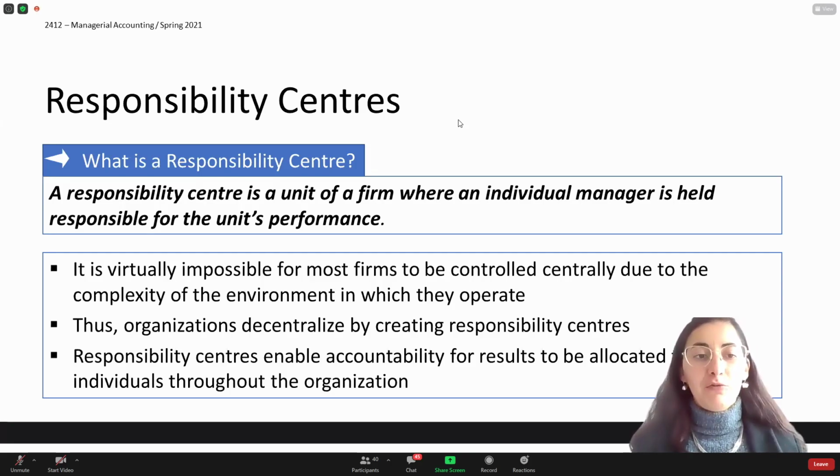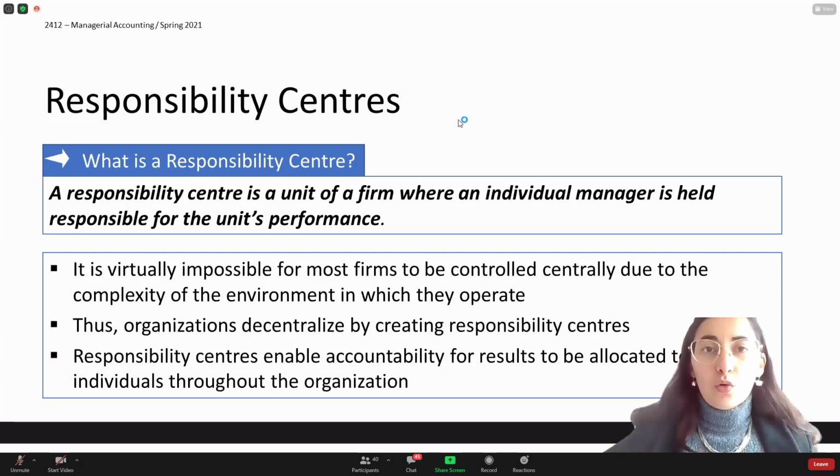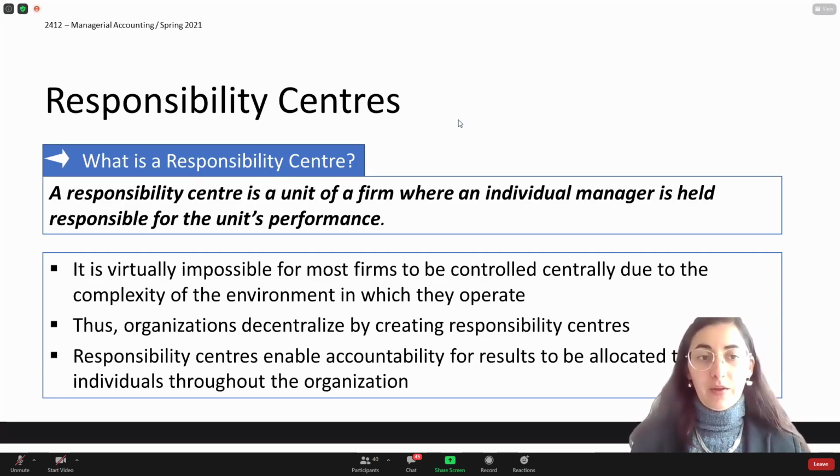Why do we have responsibility centers? Because for large organizations, it's almost impossible to control everything centrally. When companies start growing, there's a lot of complexity involved, and therefore they create responsibility centers in which each manager is responsible for that unit.